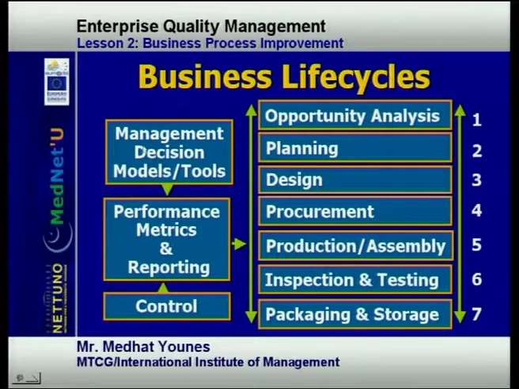The manager starts with the first business life cycle, and that's the opportunity analysis. The question they try to answer within this business life cycle is: do we enter a certain geographic market or not? Examples of decision management tools would be to conduct a feasibility study and a SWOT analysis.